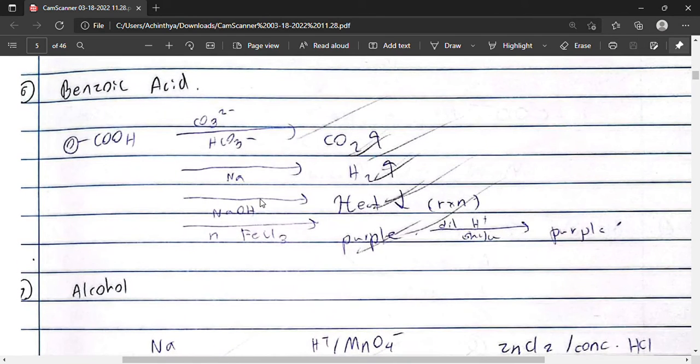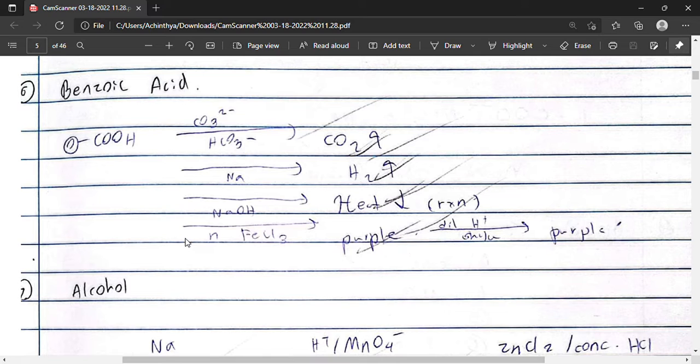Benzoic acids now. Benzoic acids can produce carbon dioxide from carbonate groups and bicarbonate groups, and it can react with sodium to evolve hydrogen as well. Like a real acid, it can react with sodium hydroxide and undergo a neutralization reaction which decreases the temperature of the reaction mixture.